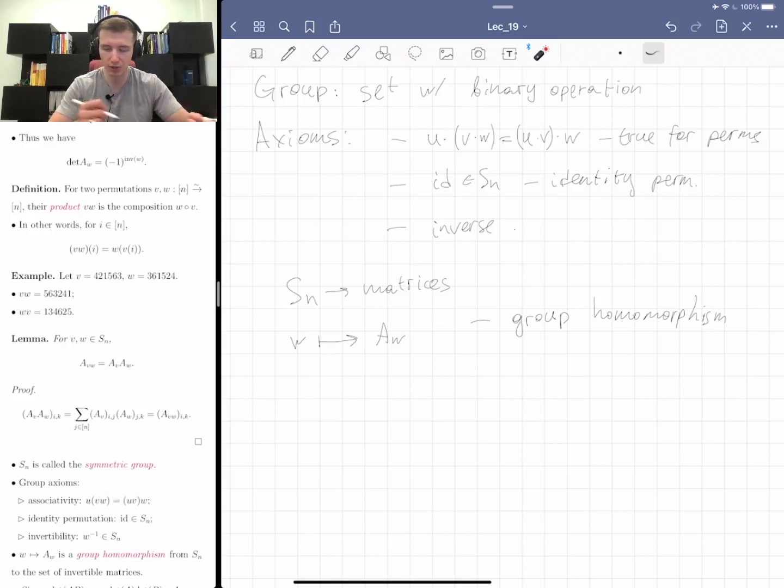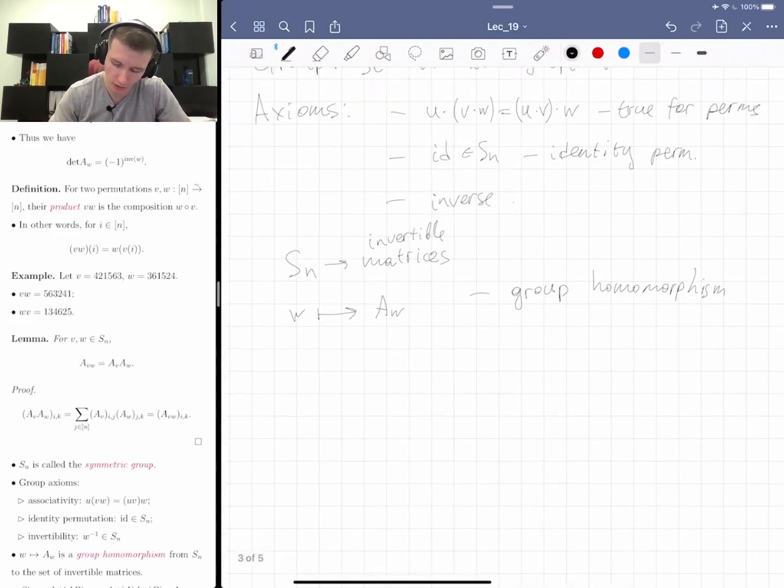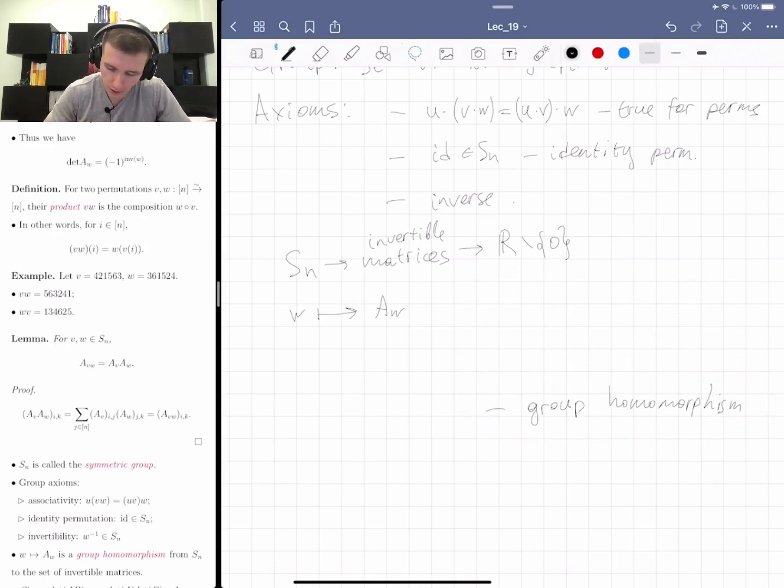It sends A times B to f of A times f of B. And invertible matrices form a group, and I have a group homomorphism between these two groups. And even further, from invertible matrices, I can send each matrix to its determinant. The non-zero real numbers also form a group with respect to multiplication.